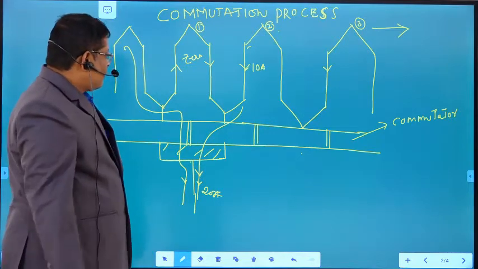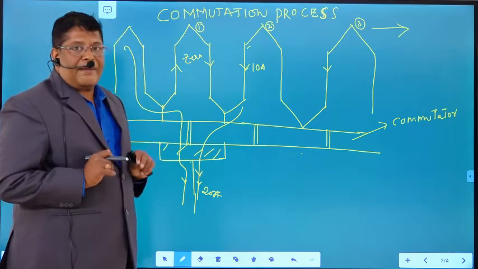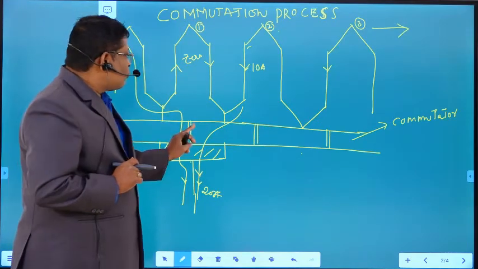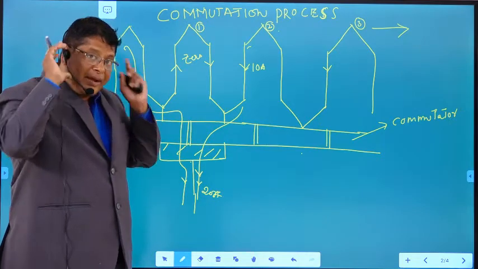See here, in position 1, coil 1 is supplying a current of 10 amperes. In position 2, again coil 1 is supplying a current of 10 amperes.